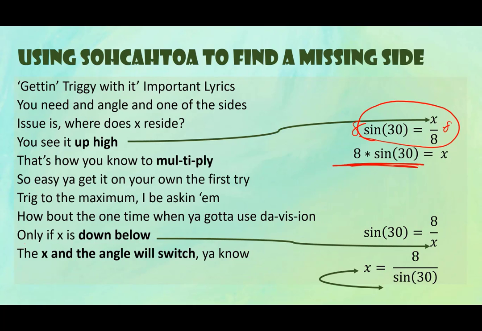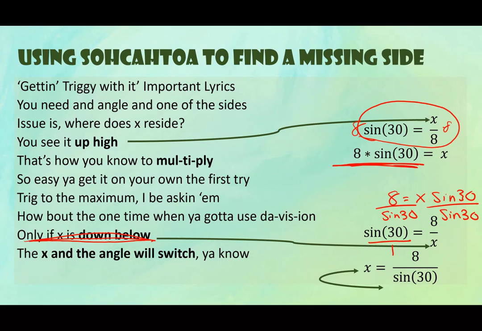The other option is when the x is down below, and that's when you know the x and the angle will switch. So the x will come over here, and the sine of 30 will go down where the x was. This is just using proportions. We could put this over 1 and then do cross multiplication to get 8 is equal to x times sine of 30, and then you would have to divide both sides by sine of 30.